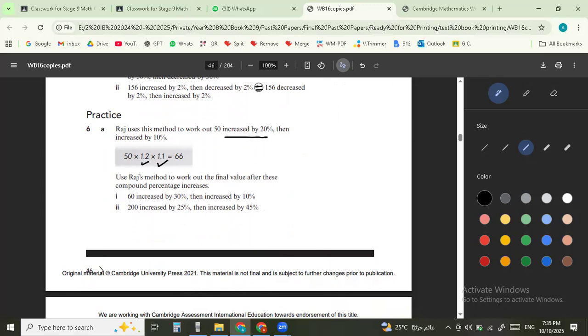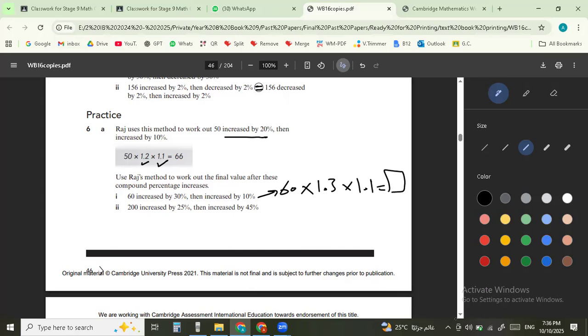They just want you to follow the same method. So this one is going to be 60 times increased by 30%, 130%, but it's 1.3, times increased by 10%, 1.1. Then find the answer.